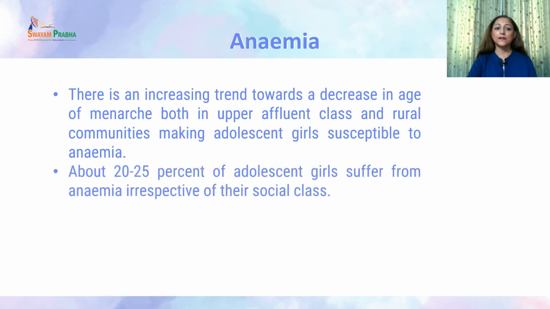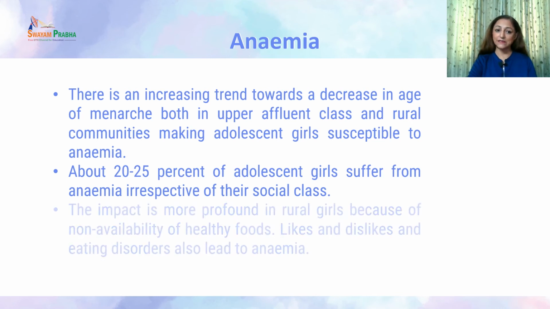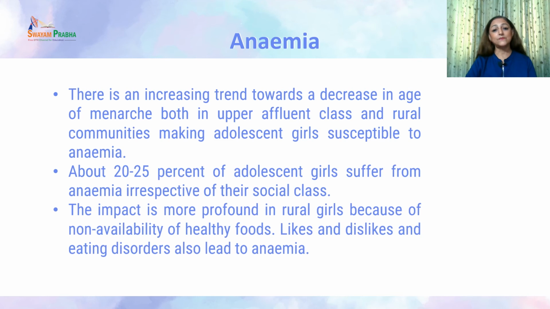About 20 to 25% of adolescent girls suffer from anemia irrespective of their social class. The impact is more profound in rural girls because of non-availability of healthy foods, likes and dislikes, and eating disorders, which all lead to anemia.